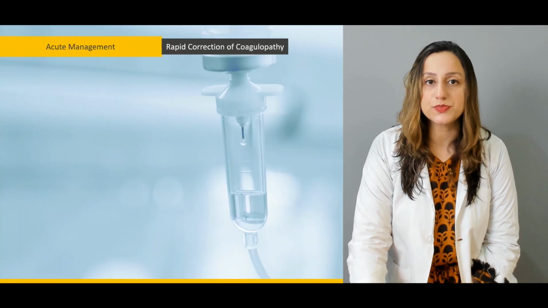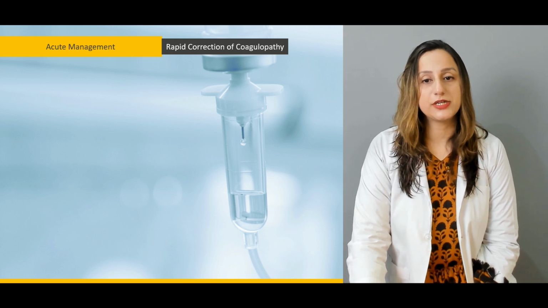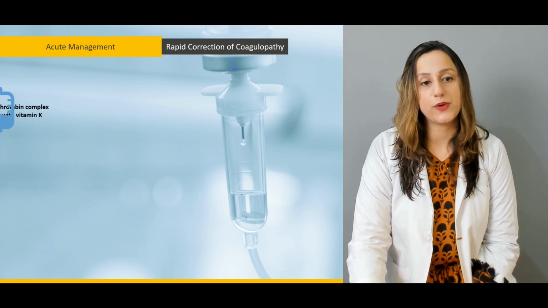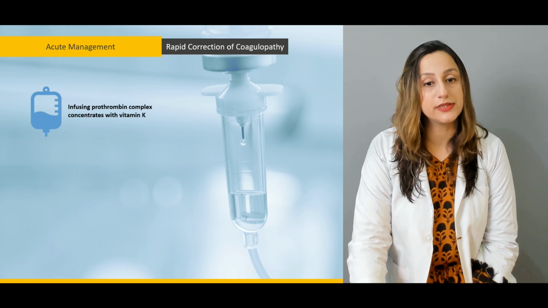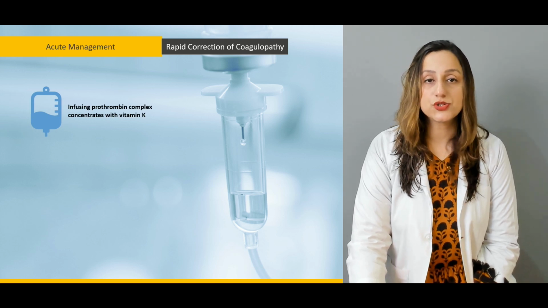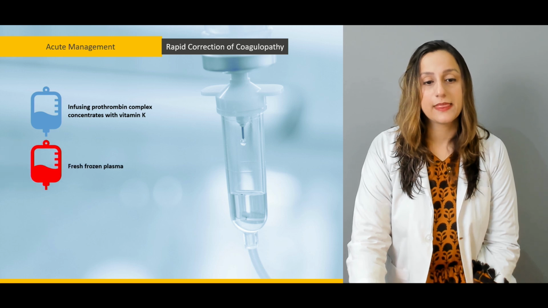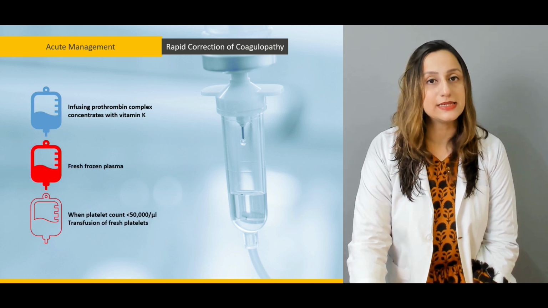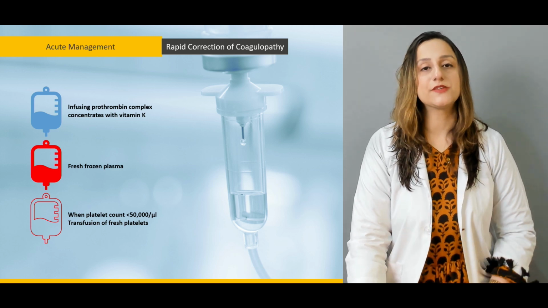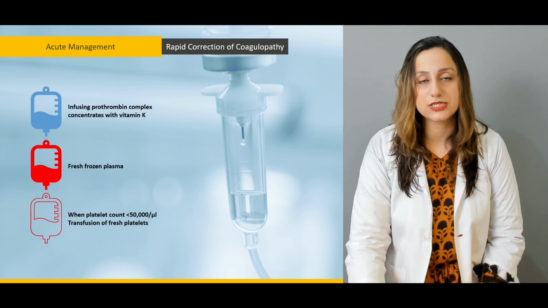The acute management for such patients would be a rapid correction of coagulopathy: infuse the prothrombin complex concentrates with vitamin K, and fresh frozen plasma is given for such patients. When the platelet count is less than 50,000 per microliter, the transfusion of fresh platelets is going to be arranged.